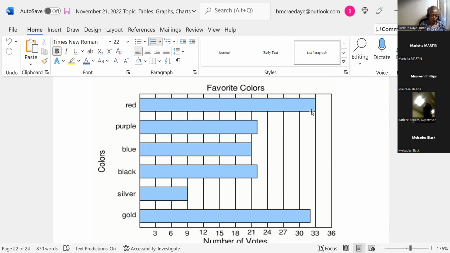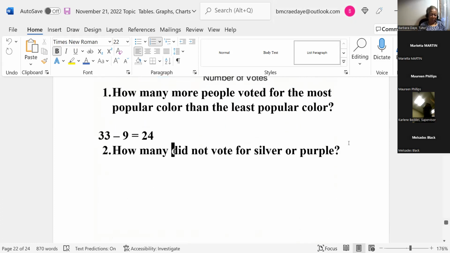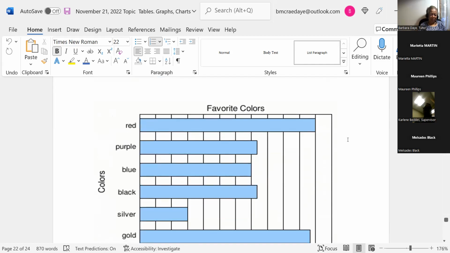I get 109. What did you add, Mercedes? Favorite color? Red, blue. What do you have to do? Add. You're going to add all the different ones except silver or purple. Just don't add silver or purple.